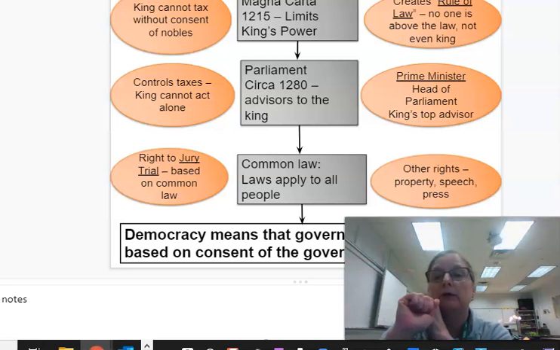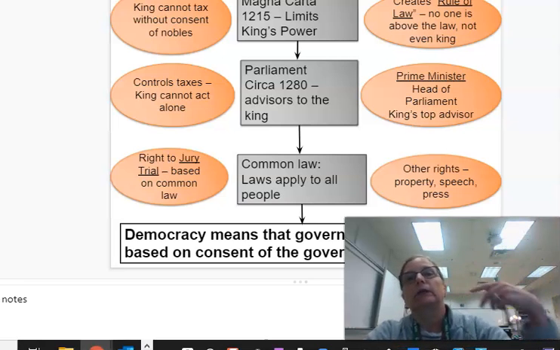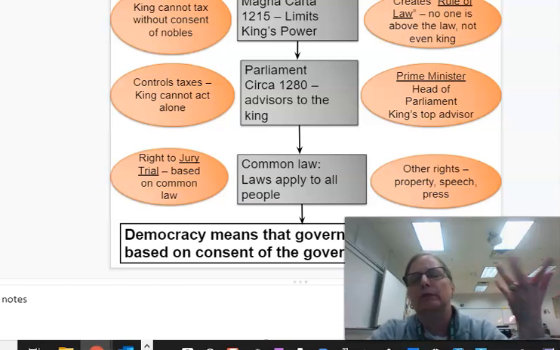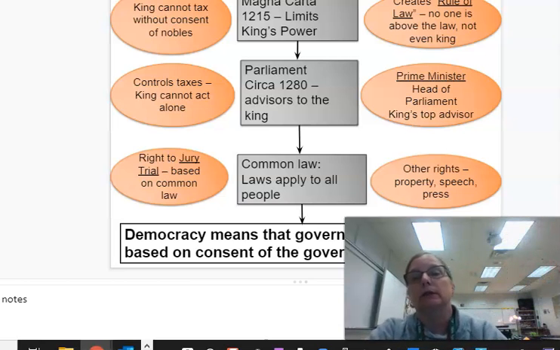You had the Magna Carta, which was signed in 1215, which created a body called Parliament that the king could not tax without the king's consent. Well, actually, Parliament comes in 1280. It develops out of the Magna Carta, and then they're again controlling the taxes.